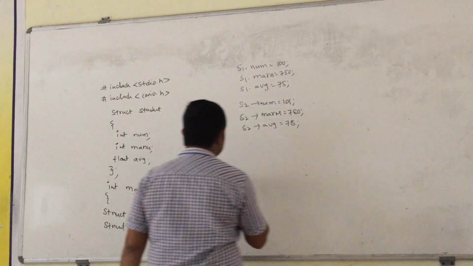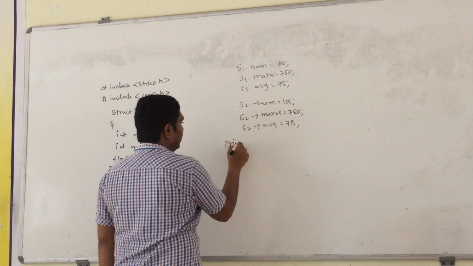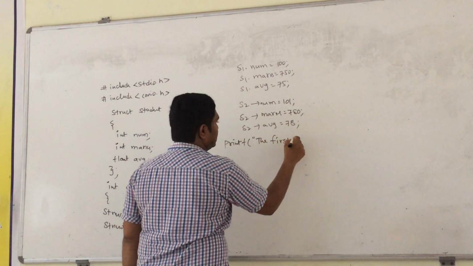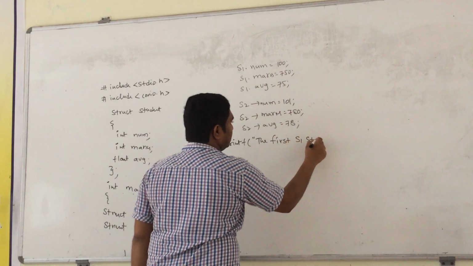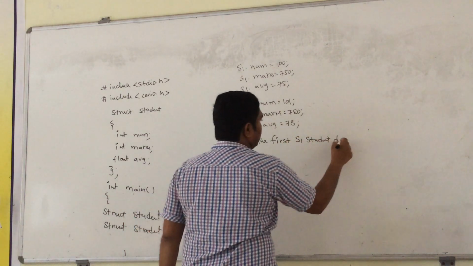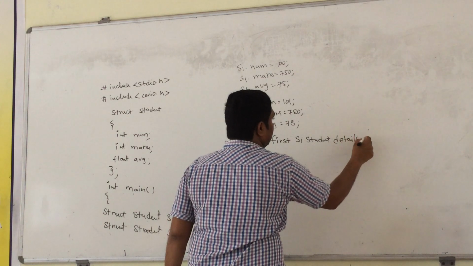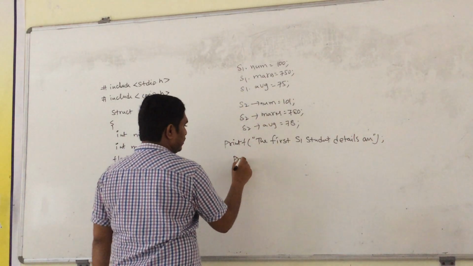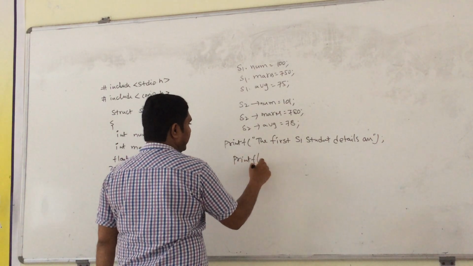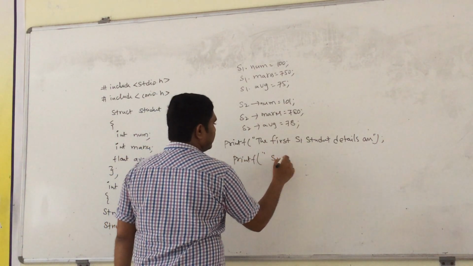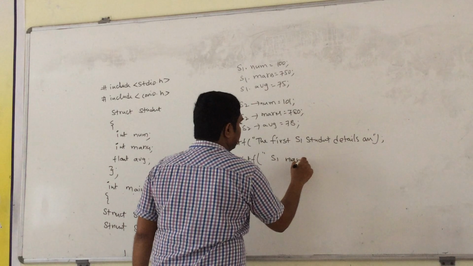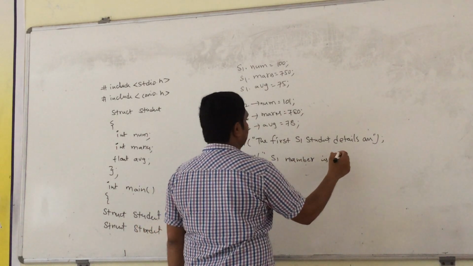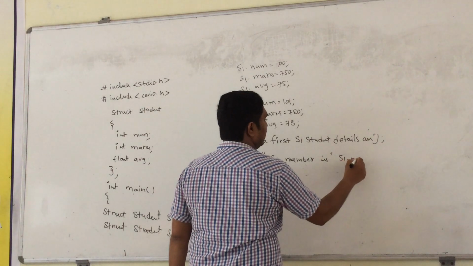For printf, the first student S1's details are: printf S1 number is, S1 dot num.